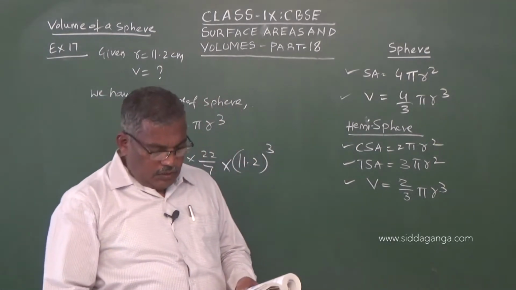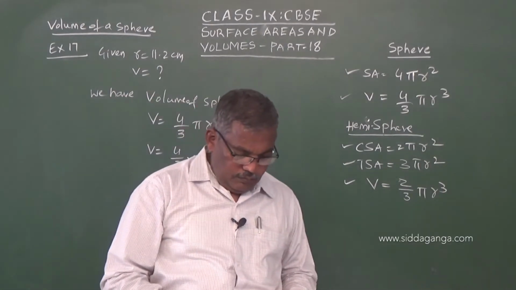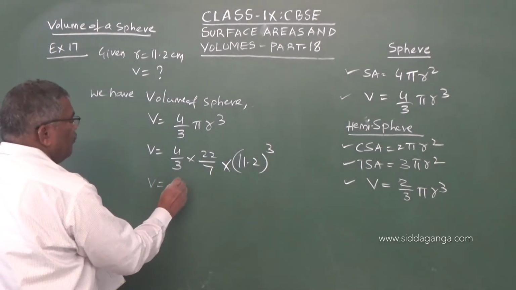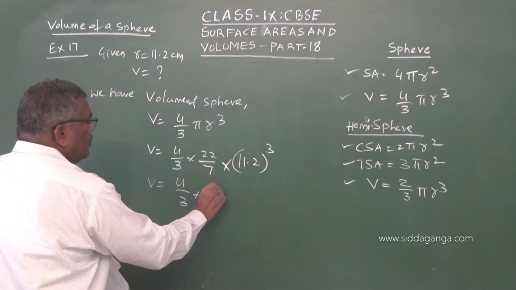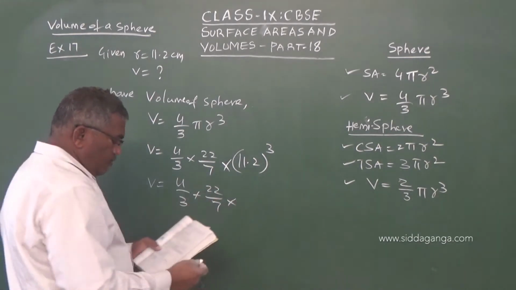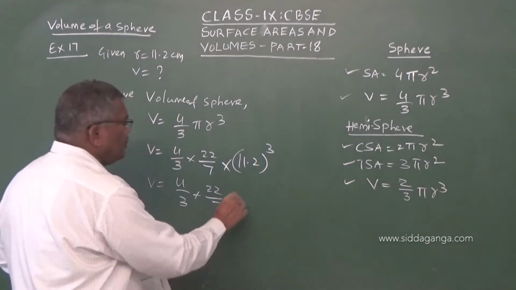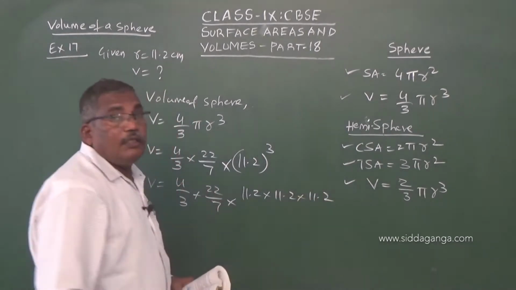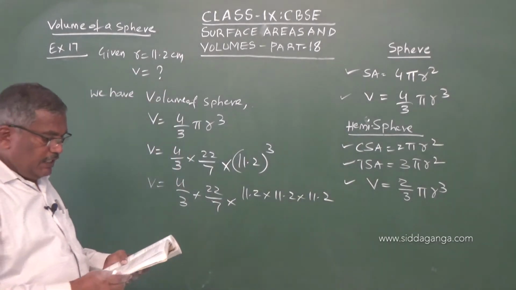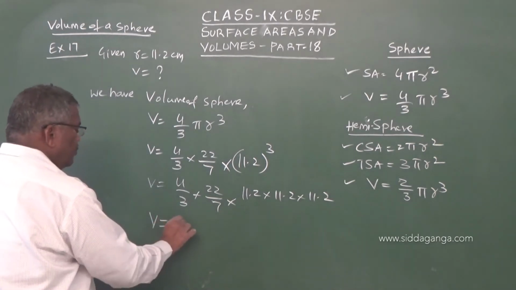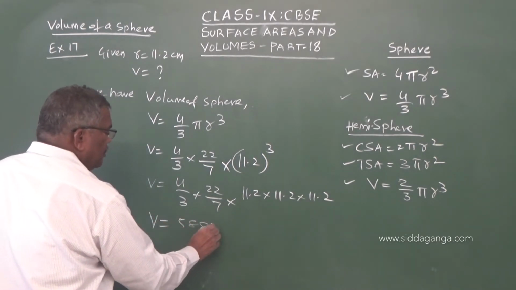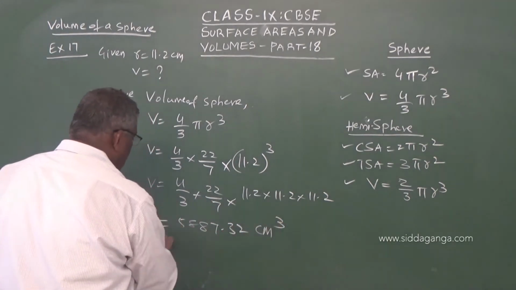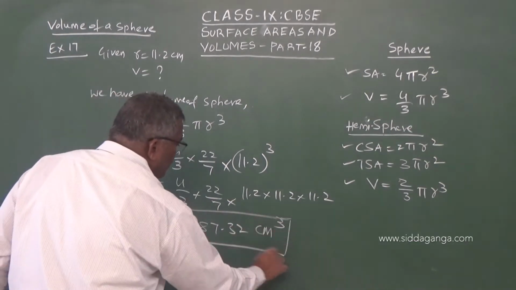So volume equals 4 by 3 into 22 by 7 into 11.2 into 11.2 into 11.2. You simplify this, you will get 5887.32. So volume is equal to 5887.32 centimeter cube. This is the volume of the given sphere.